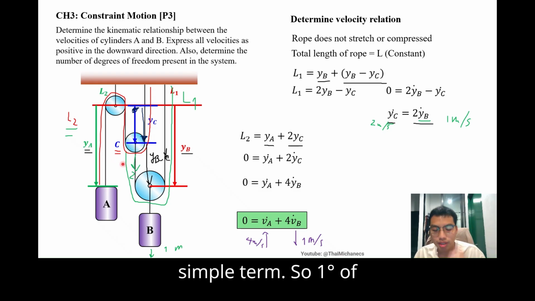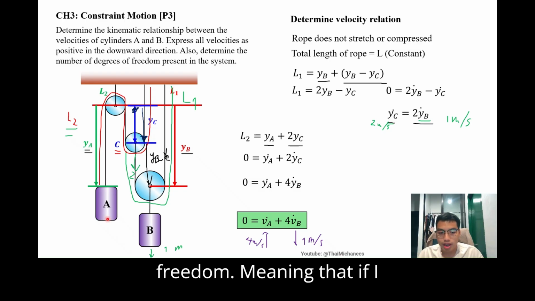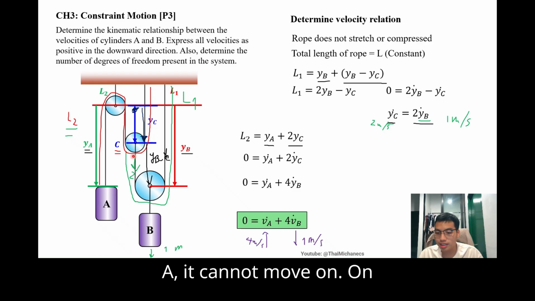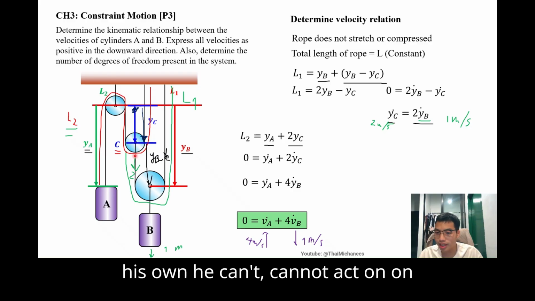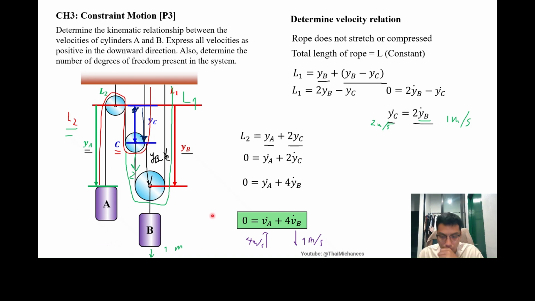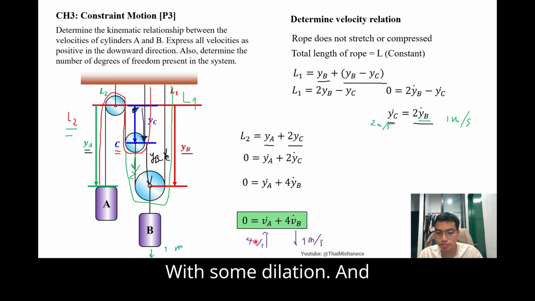So 1 degree of freedom means that if I pull A down, B and C will move according to the movement of A. It cannot act on its own free will.